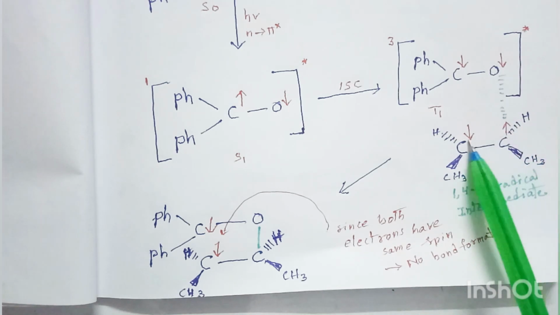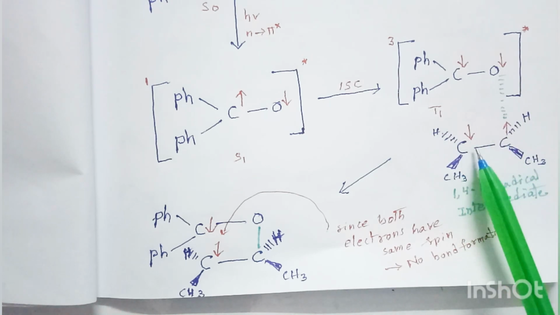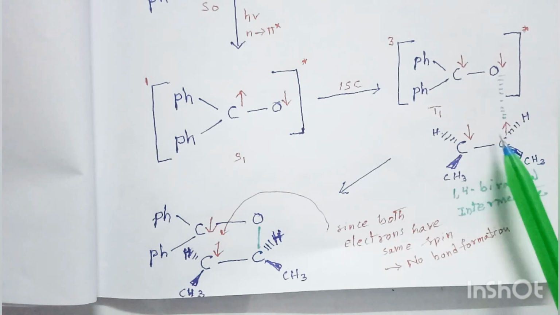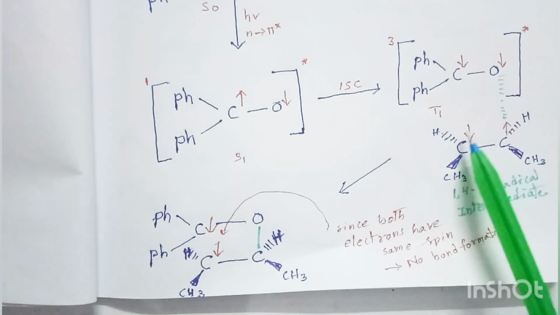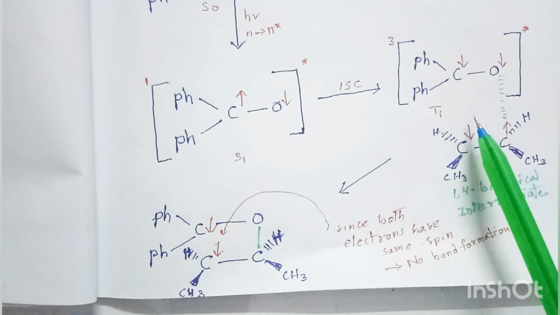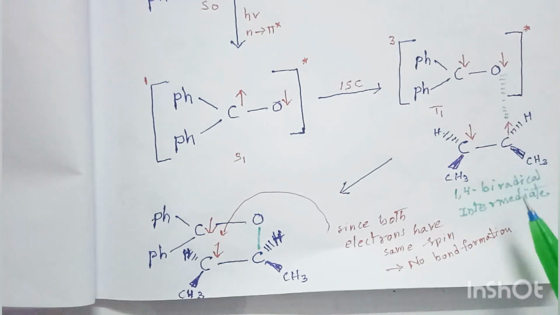So the pi bond of the carbon-carbon double bond breaks, forming a radical on this carbon and this carbon. One electron has anti-clockwise spin and the other has clockwise spin.